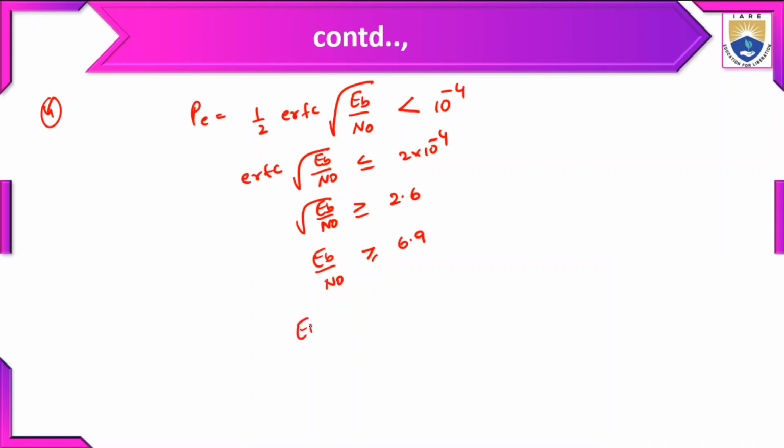So finally, EB, the energy per bit, is greater than or equal to 6.9 into N naught. What they gave is the noise spectral density, so again substitute the N naught value here. So EB is greater than or equal to 6.9 into 2 into 10 power minus 10. So this is energy per bit.